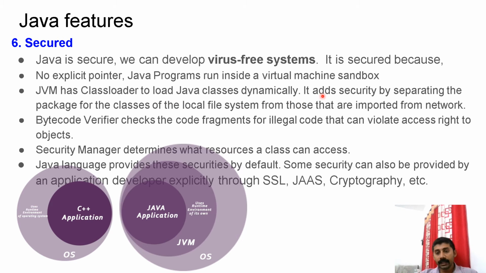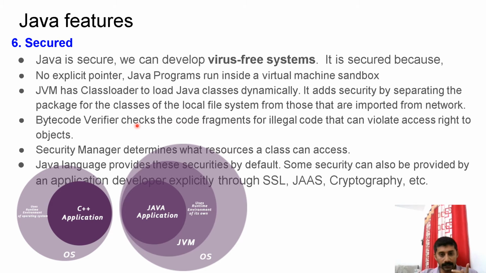It adds security by separating the packages for the classes of the local file system from those classes imported from the network. At the time of class loading itself, it assigns different levels to the locally loaded classes and the classes downloaded from the network. So there it adds additional security, as the classes downloaded from the network won't be given many permissions to damage your system.